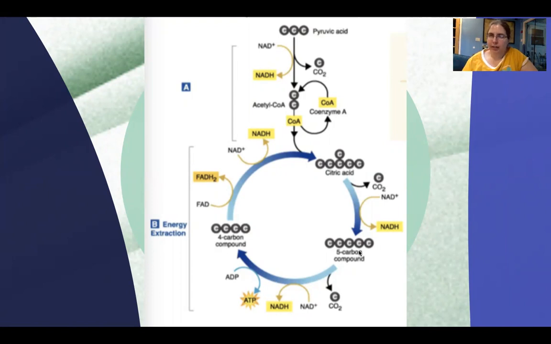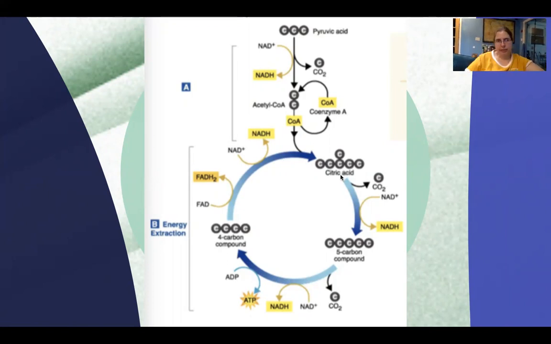We break the 5-carbon molecule, carbon dioxide leaves, we collect the electrons, and we've made a little bit of energy. We're left with the 4-carbon molecule. We rearrange that, collect electrons, and we're back to the 4-carbon molecule. It's going to be used again to create citric acid.